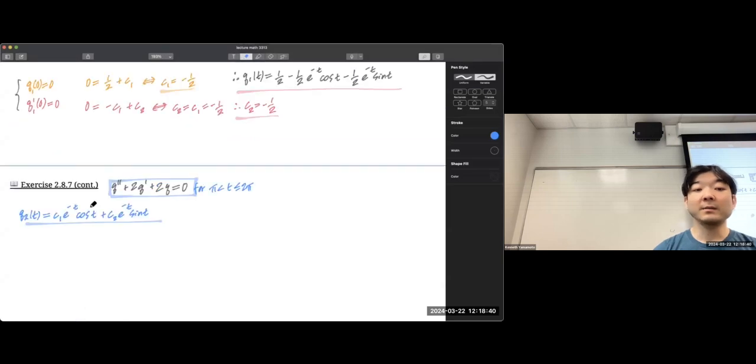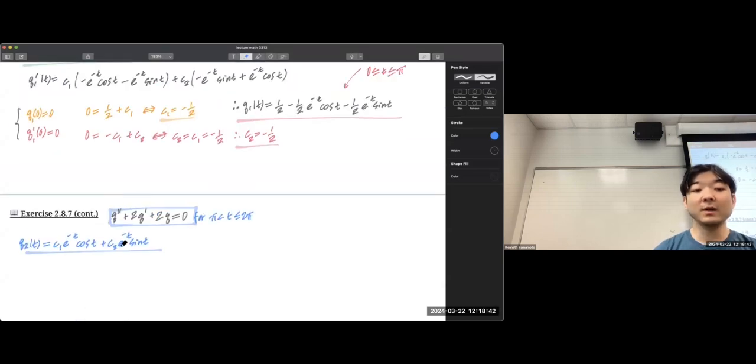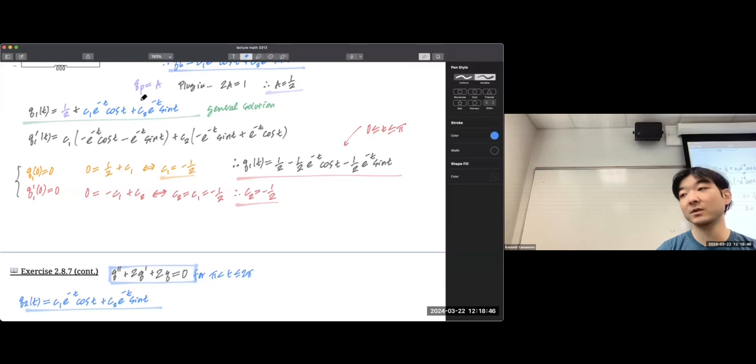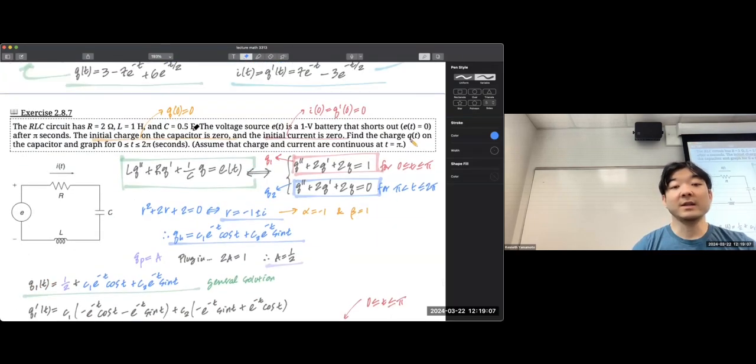But I want to make it clear here that the C1 and C2 that we had for the general solution from the first equation, we got was negative half and negative half. That's not going to be the same here. So you can't just say, okay, well, now I'm going to just plug in negative half and negative half into C1 and C2. This was for the first part of this scenario, saying you have an initial charge and initial current.